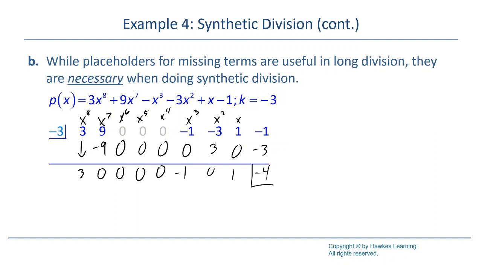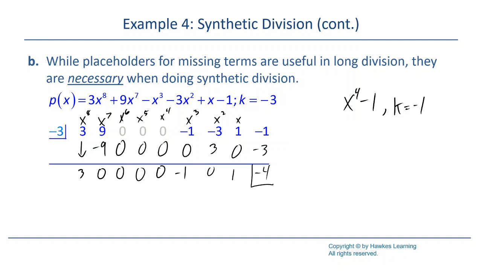And if you look at this one and go, well, everything seemed to work out fine even if I didn't have the placeholders. Try x to the 4th minus 1. And try k equals negative 1. You know negative 1 is a root. Try it without this and see what happens.